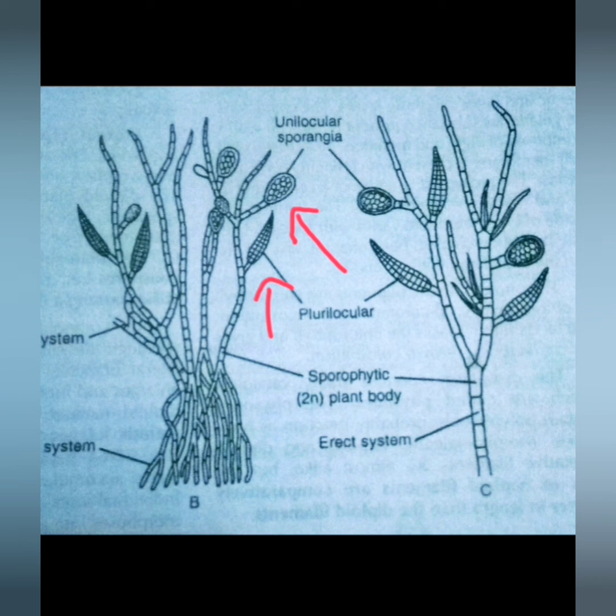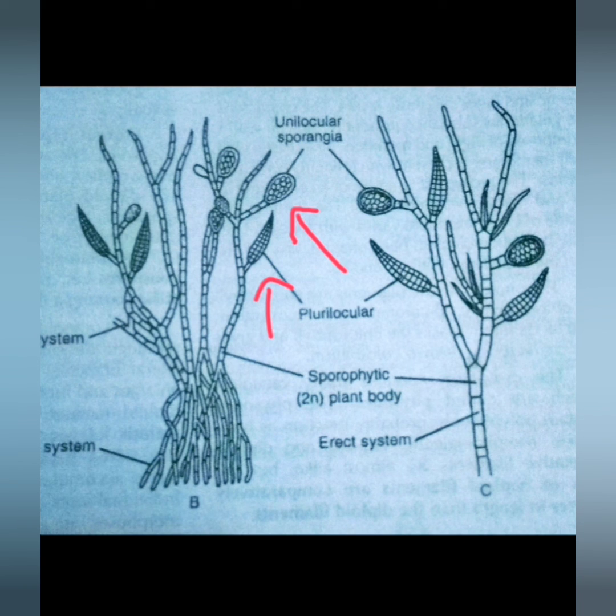Now since these diploid zoospores help only in the multiplication of the sporophyte, they do not play any part in alternation of generation. So when we discuss alternation of generation later, you will see that these diploid zoospores do not play any part in it, since they only help in the multiplication of the sporophyte.